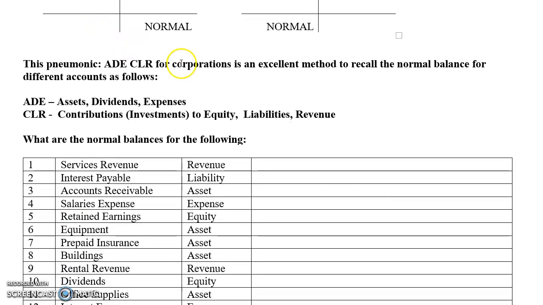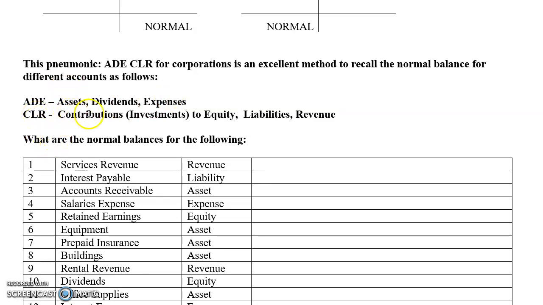Okay, so all those T accounts, and you saw normal, and you saw increases, and you saw decreases, right? Well, we've got a little learning tool here. ADE clear. AD clear. Assets, dividends, and expenses are debited, and those increase with debits. Credits are decreased with CLR, not the cleaner.